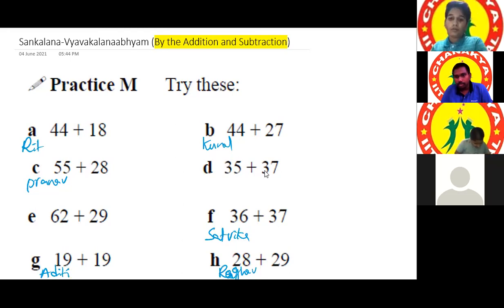E is remaining. Sorry, D also. E, Srishti. E, Pranav. Which Pranav?